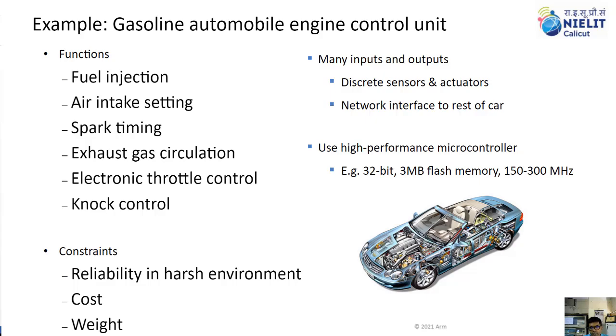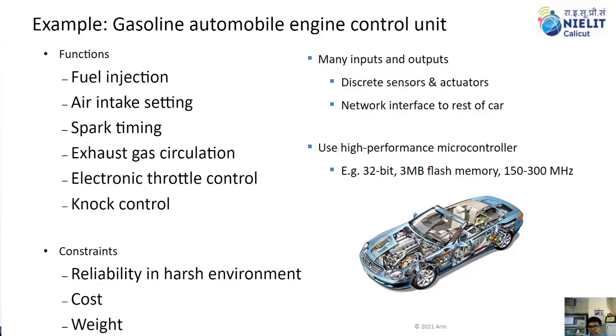But one of the major constraints of this typical embedded application for automotive is reliability in harsh environments, because under the ECU the temperature variations will be different. And again the cost: once you add the embedded system into it, the total cost of the product should not increase, or the total product weight should not increase.